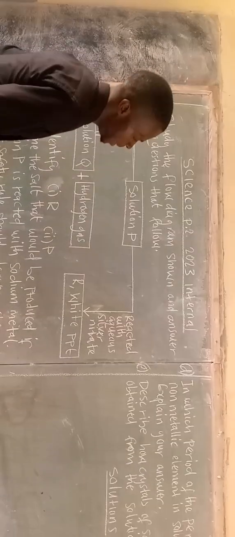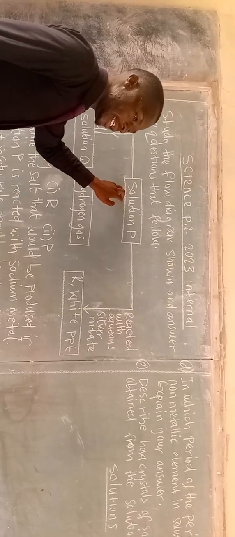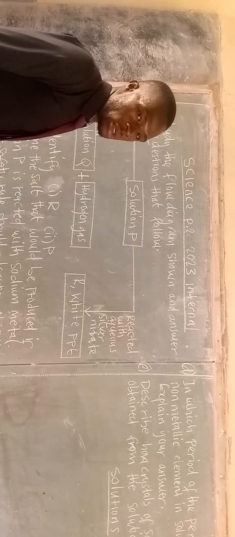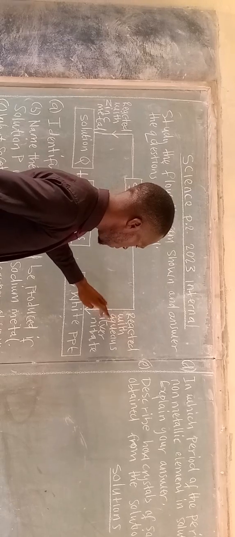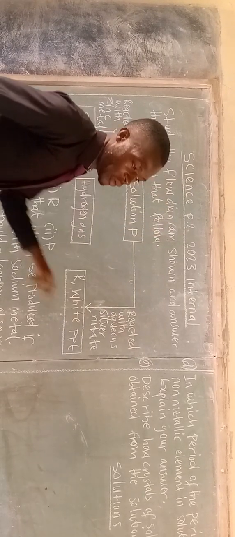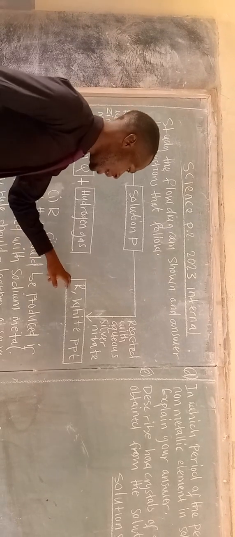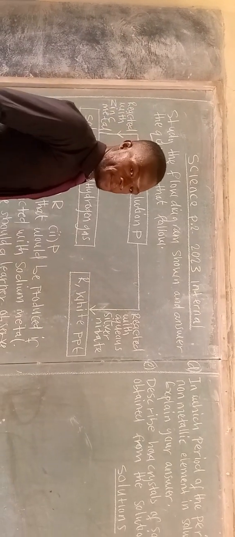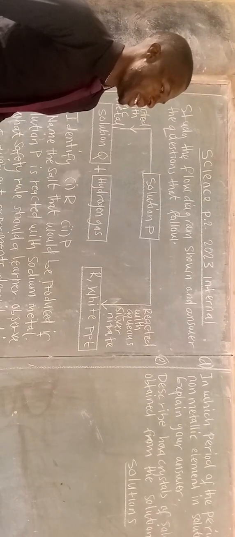Okay, let's get it from the other side. The same solution P, which we are suspecting to be water or acid, was reacted with the aqueous silver nitrate. When it is reacted with silver nitrate, it produces R, which is white PPT. So here is where we can get it.